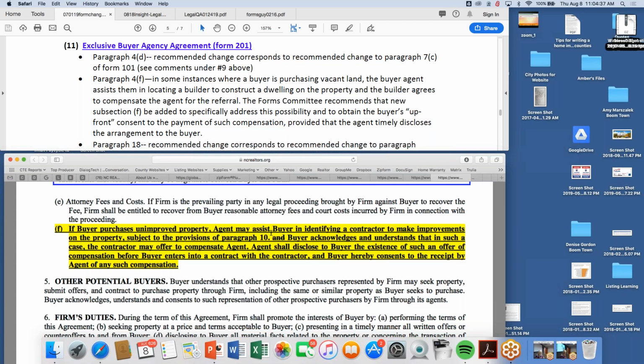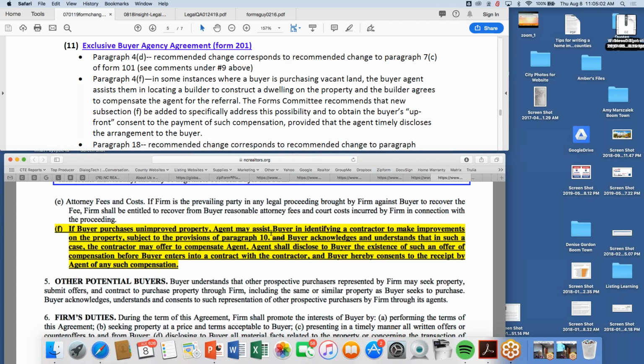If buyer purchases an unimproved property, agent may assist buyer in identifying a contractor to make improvements on the property, subject to the provisions of paragraph 10. And buyer acknowledges and understands that in such a case, the contractor may offer to compensate agent. Agent shall disclose to buyer the existence of such an offer for compensation before buyer enters into a contract with a contractor.